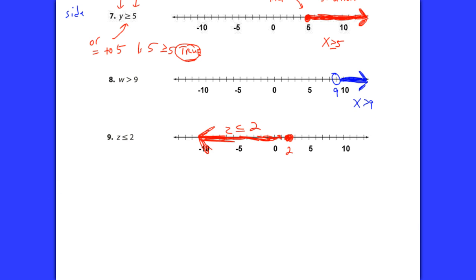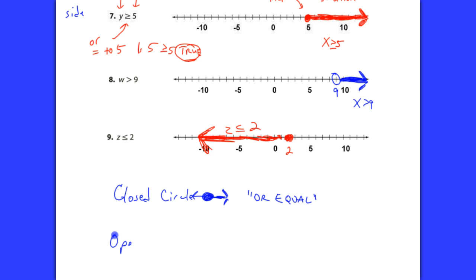That's how you graph. So let's recap real quick. When you do a closed circle like this, whichever way the arrow goes, I'll just go to the right, that means it's or equal. Whichever way the arrow goes, if it's a closed circle, that means that is a solution.